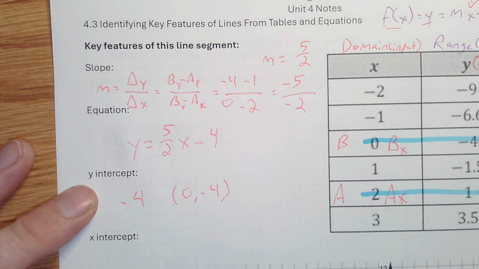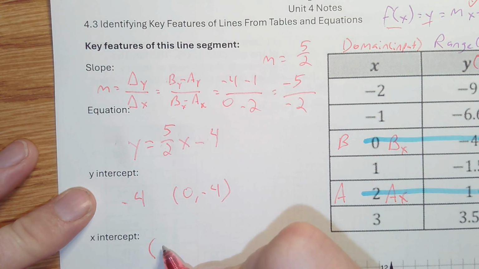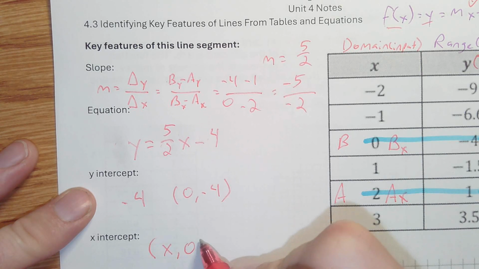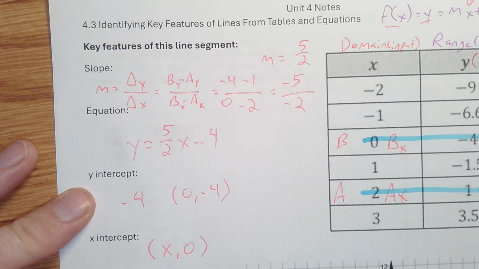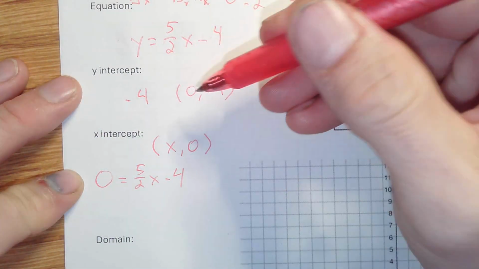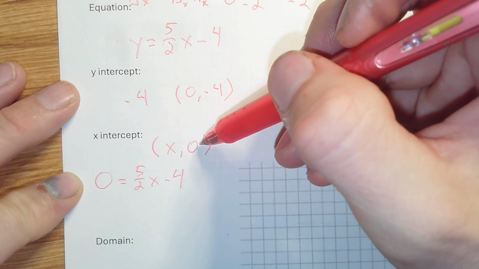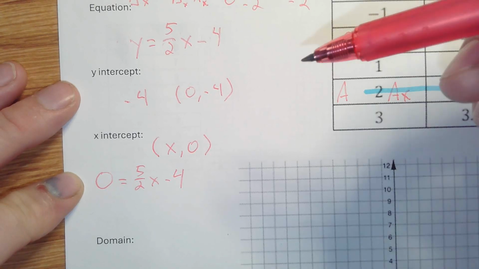All right, so now my x-intercept. Well, I gotta remember, my x-intercept is gonna be where my y value equals 0, right? So I gotta set 0 equals 5/2 x minus 4, because at my x-intercept, y equals 0. So I gotta solve for x here.